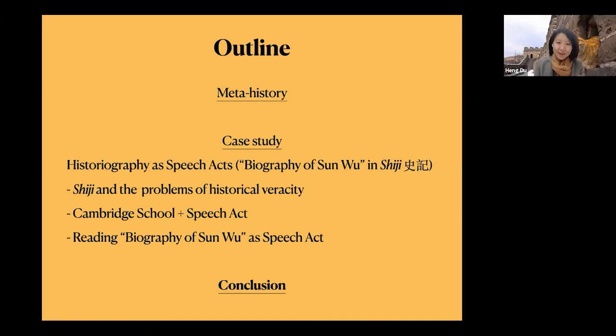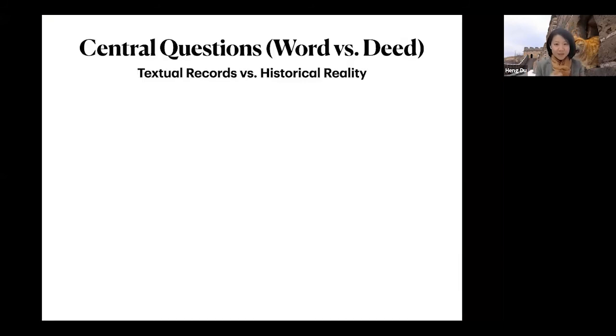So, a very brief conclusion. Going back to the central dichotomy of word versus deed: if we're talking about this complex relationship between textual record and historical reality, this Cambridge School approach, or this notion of speech act, is basically saying that word is deed, right?